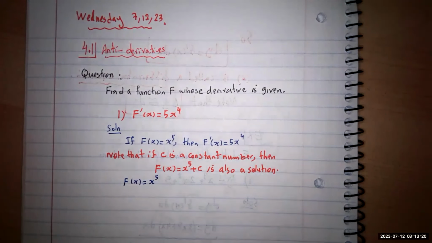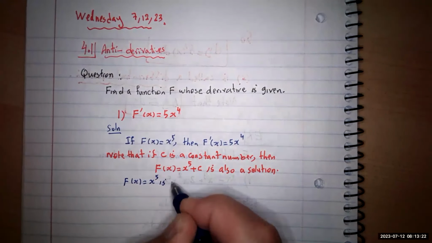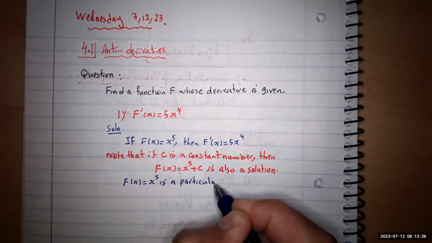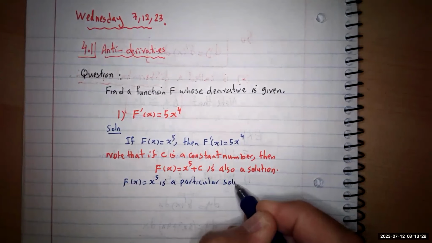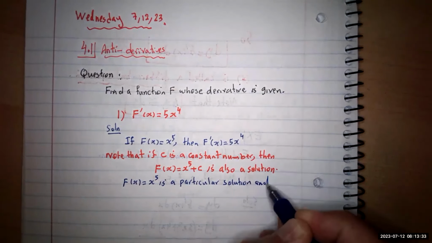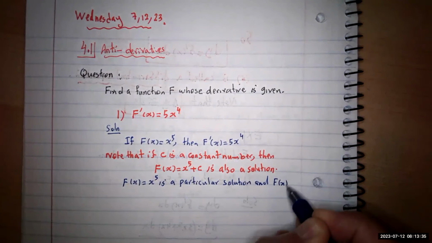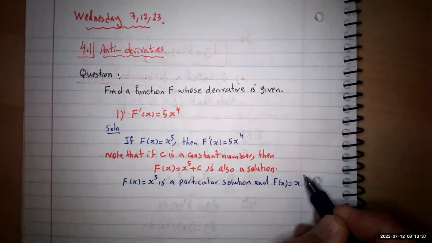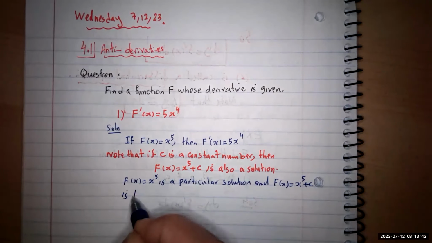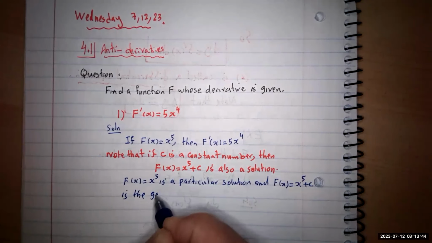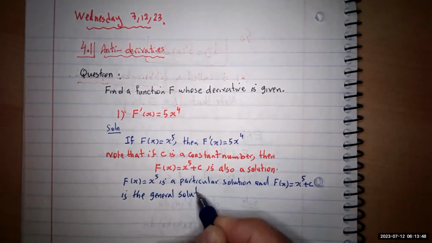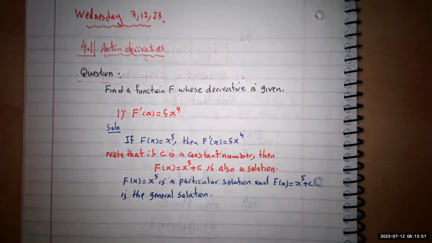So f of x equal to x to the 5th is a particular solution, and f of x equal to x to the 5th plus C is the general solution. Okay, so that's going to be the idea.